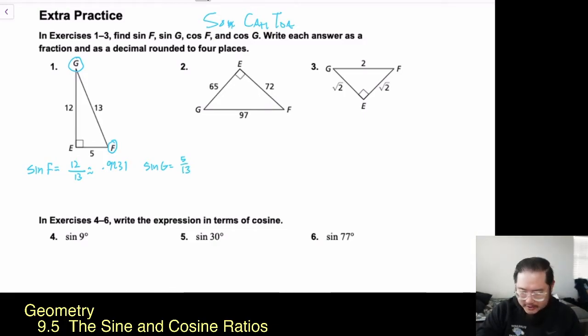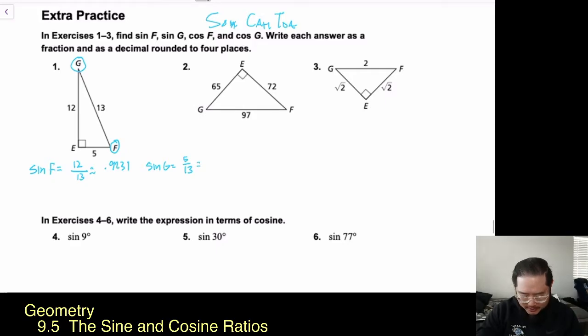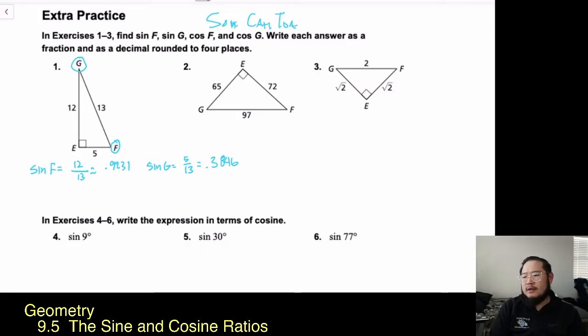And that right there gets us approximately 0.3846. So we figured out the sine of angle F and angle G.